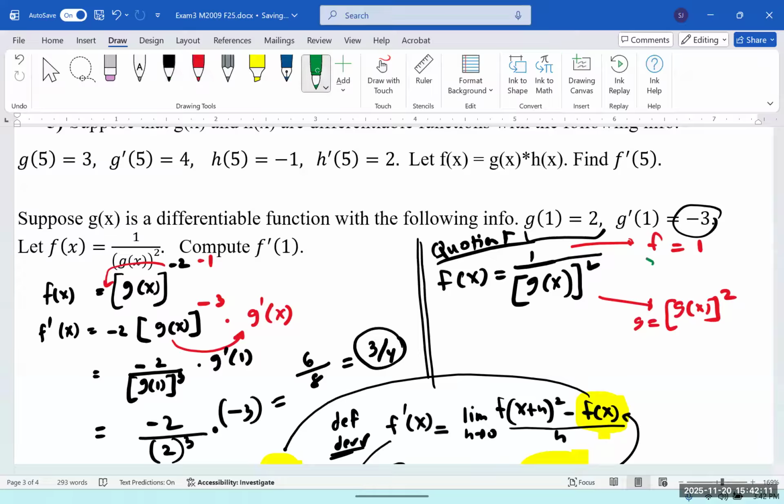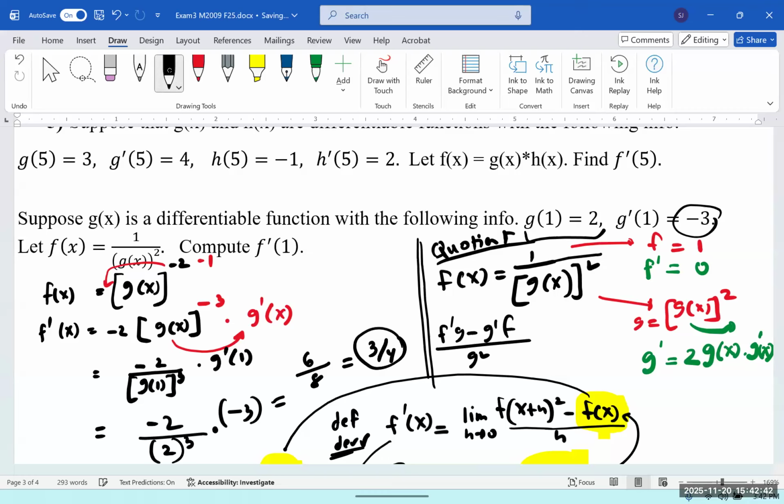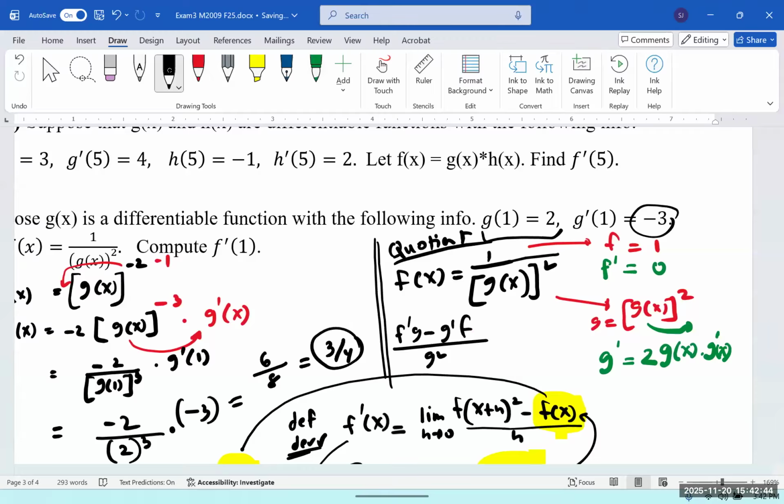Your f prime, what's the derivative of 1? So 0. And for g prime, chain rule again: 2 comes down, g of x, and then multiplied by the derivative of the inside, g prime of x. Then f prime g minus g prime f divided by g squared.